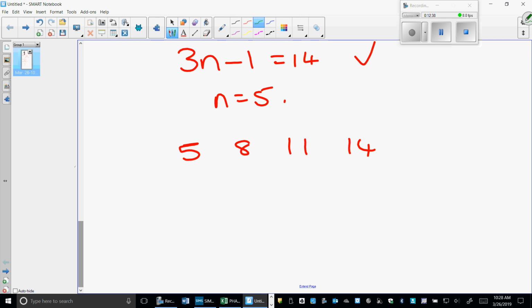So, Max, how do we find a rule for a sequence? What's the first thing you have to do? Do the difference, yes. And what's our difference in here? 3. So my rule is going to start off, Maya, how? 3n. Lovely.